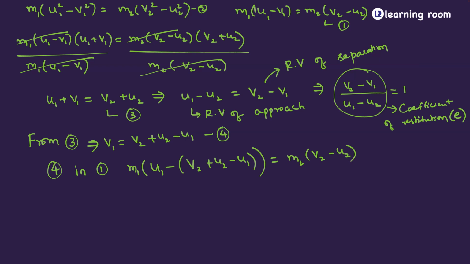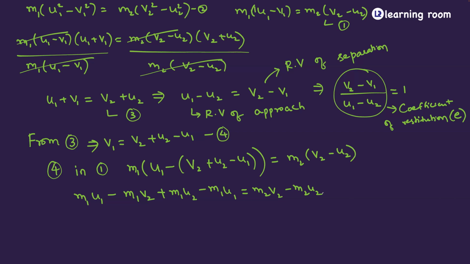I need to collect all the V2 terms and push the known terms to the other side. It is going to be M1 U1 minus M1 V2 plus M1 U2 minus M1 U1 is equal to M2 V2 minus M2 U2.